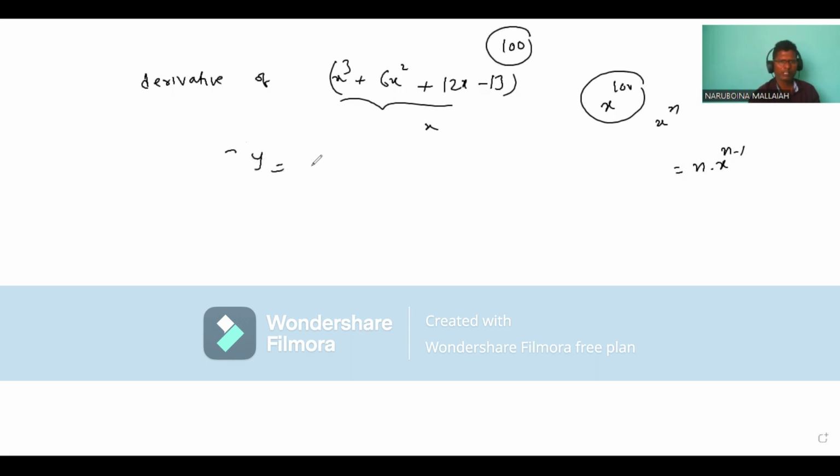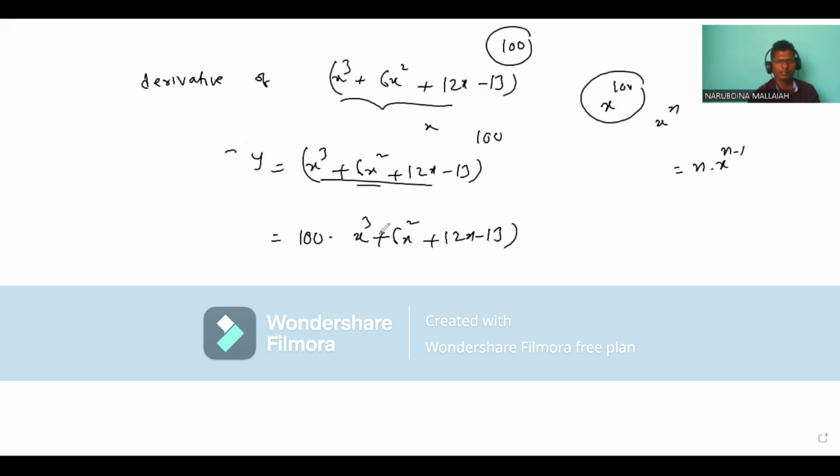Given function is y is equal to x cube plus 6x square plus 12x minus 30 whole to the power of 100. First write the power. I am writing 100. Then write this base, that is x cube plus 6x square plus 12x minus 30. It is not x really. So once again we have to differentiate this x cube plus 6x square plus 12x minus 30.